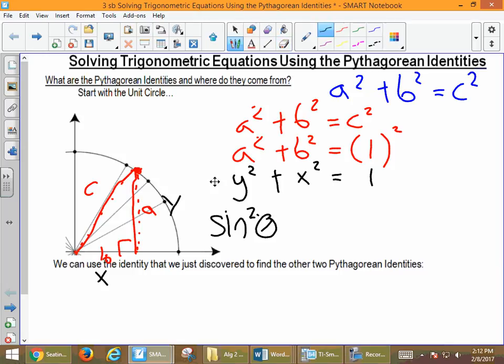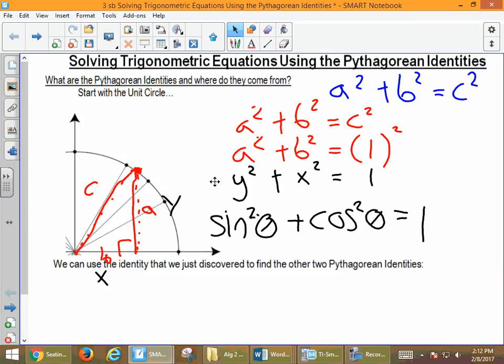So it's sine squared of theta. And then what's our x trig function? It's cosine. So cosine of theta. So we have sine squared plus cosine squared equals 1. And this is our trig identity.